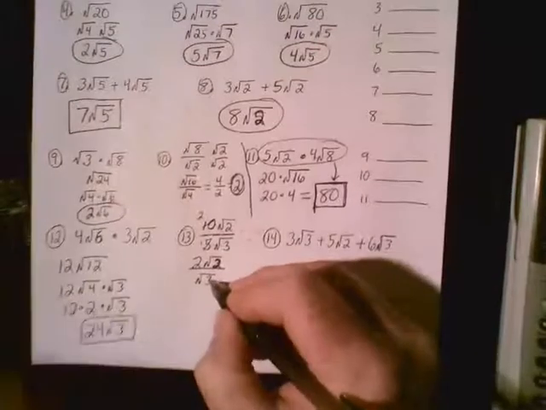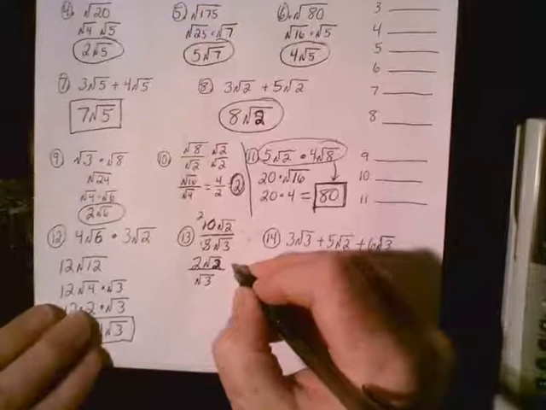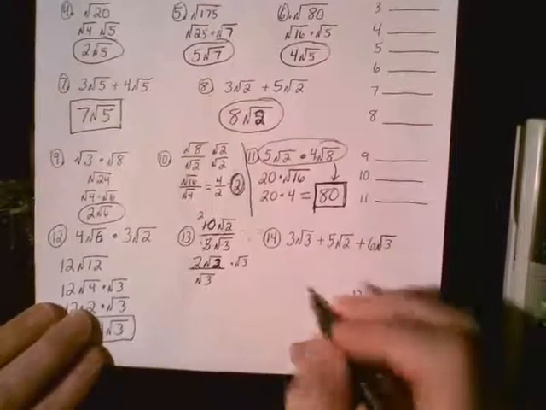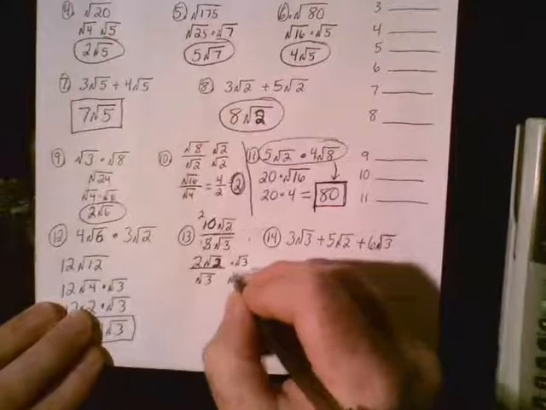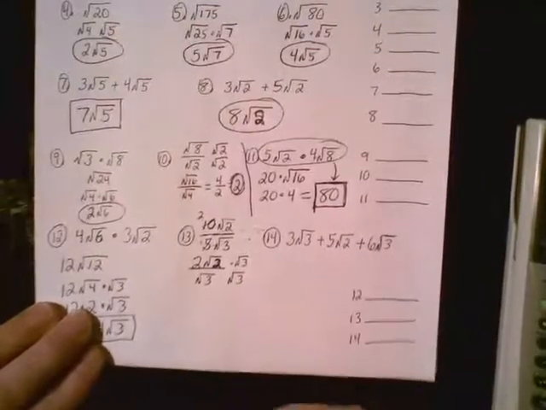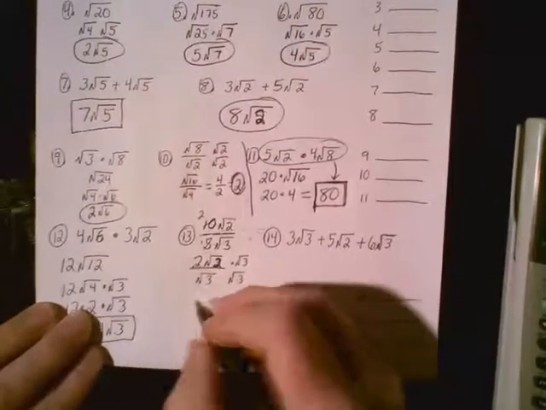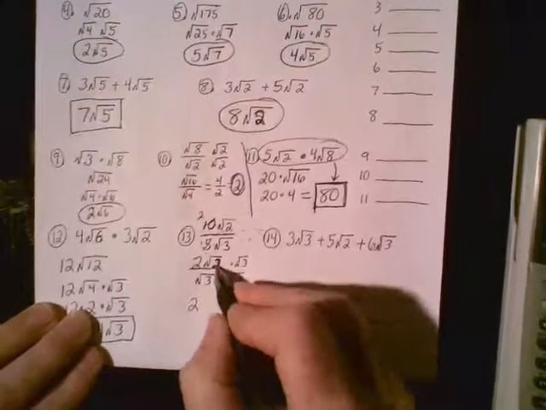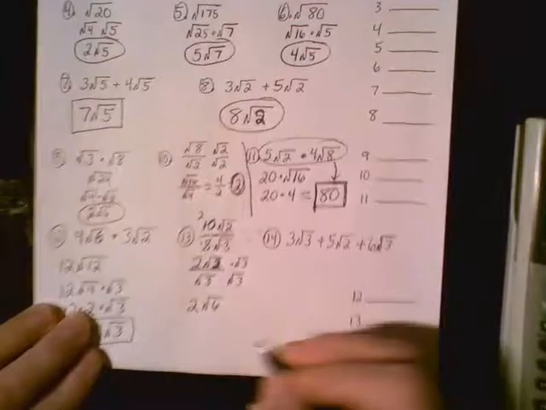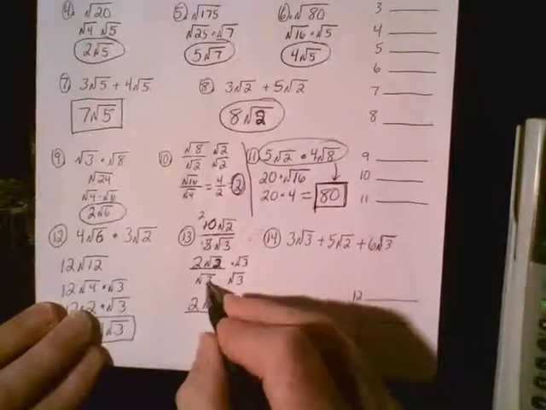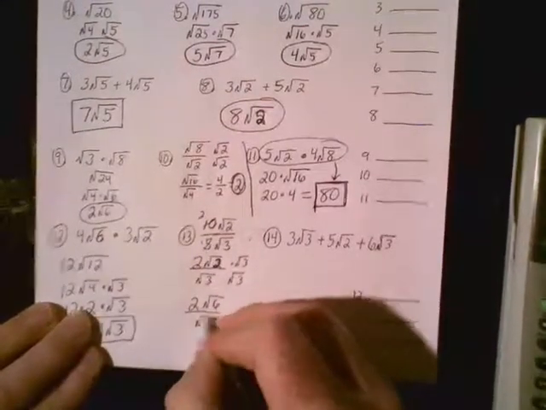Now we don't want that square root of 3 on the bottom, so we're going to multiply the top by the square root of 3, and we're going to multiply the bottom by the square root of 3. On top, the 2 is going to stay the same. We take this square root of 2 times that square root of 3, and we get square root of 6. And on bottom, you got square root of 3 times square root of 3, which is square root of 9.